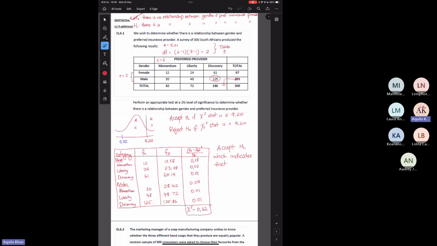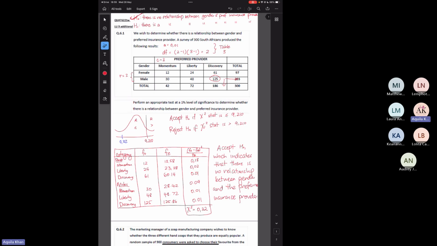And the null is saying that there is no relationship between gender and the preferred insurance provider. So you'll say exactly that: which indicates that there is no relationship between gender and the preferred insurance provider. Okay, and that is it.